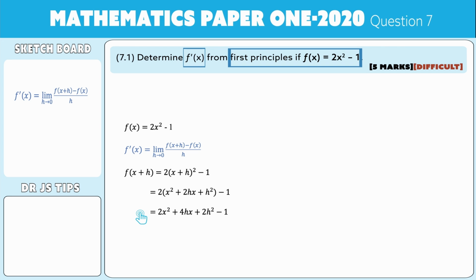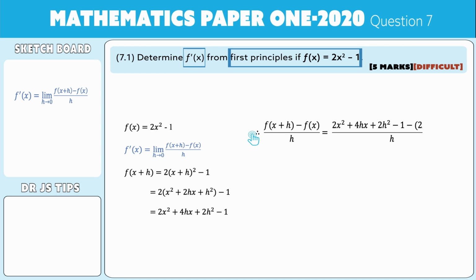Now I can find the gradient. F of x plus h minus f of x, all of that divided by h is then this 2x squared plus 4hx plus 2h squared minus 1 minus, and this is where I want you guys to get used to using a bracket.